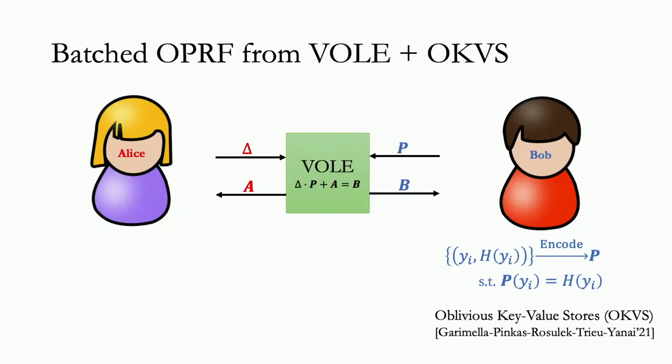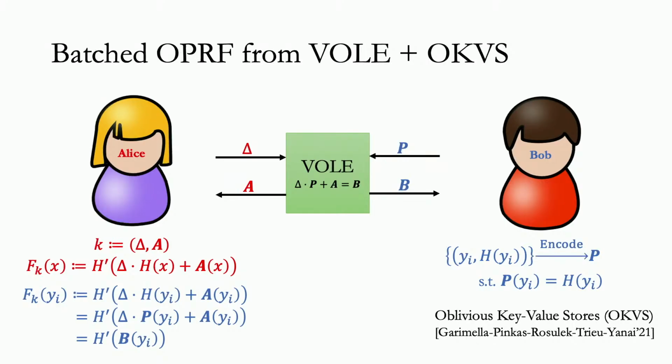And then from the VOLE protocol, they're going to learn a secret share of this delta times p. This is slightly different from the standard way of defining VOLE, where Bob actually learns a random p, but you can get this version in a straightforward way as well. Then Alice is going to define her PRF key k as delta and a, and the PRF like this.